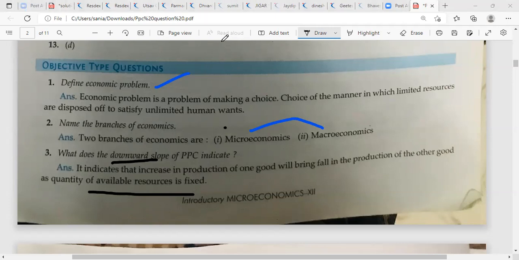Ma'am, you told us that you will send that MCQs PDF also. Yes, I'm just sharing it right now. Teacher, your voice was actually breaking.